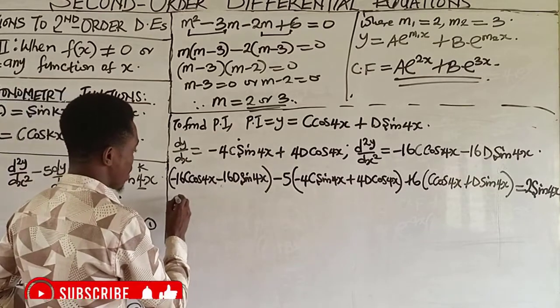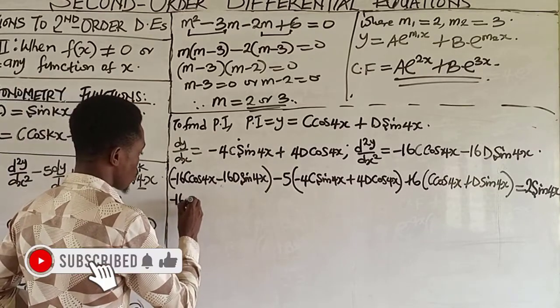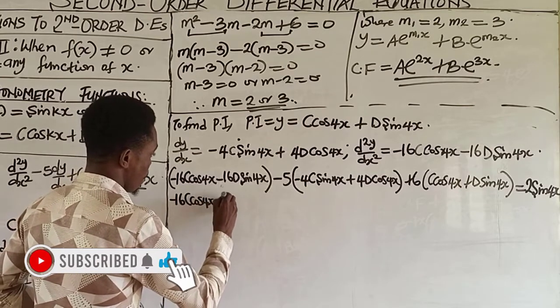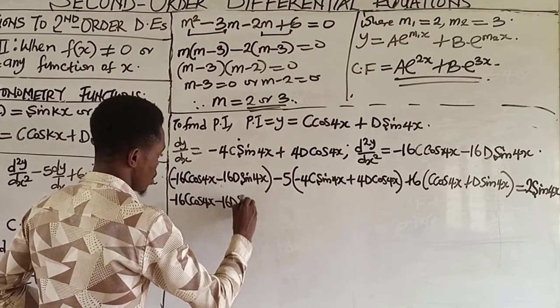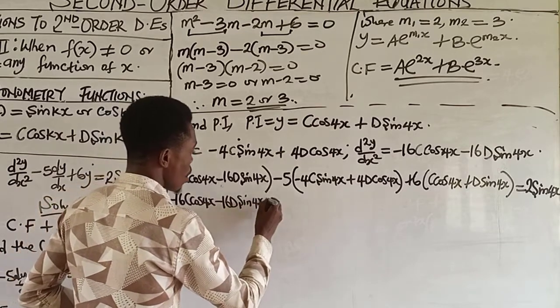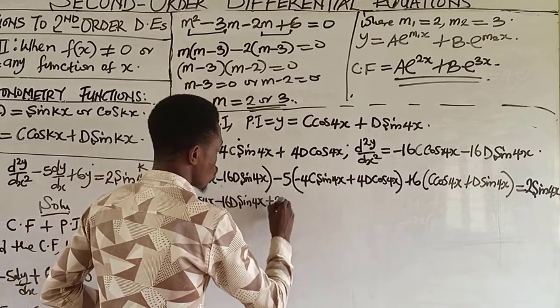When we expand this now, we have minus 16c cos 4x minus 16d sine 4x, then plus 20.